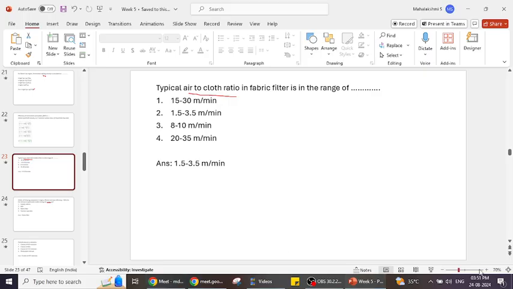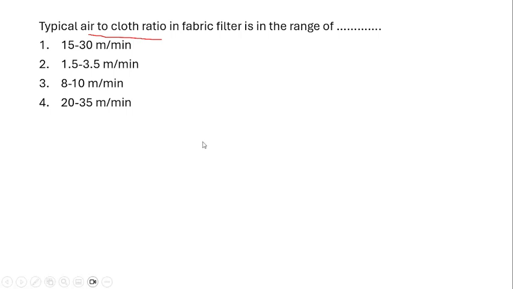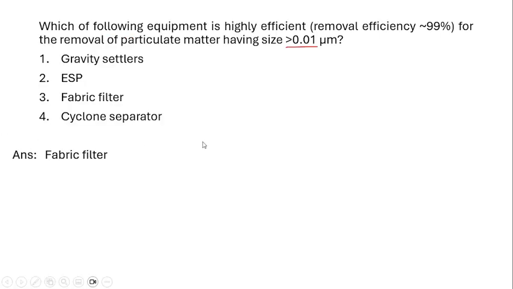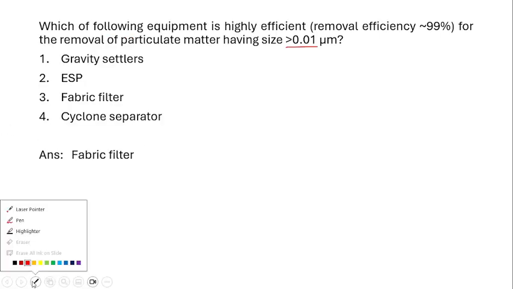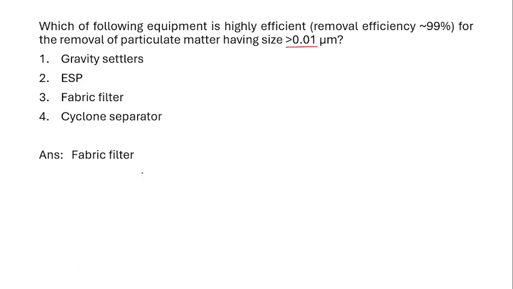Right answer is the fabric filter. As we discussed earlier, the fabric filter is the highly efficient equipment, and it can remove particulate matter of size greater than 0.01 micron.